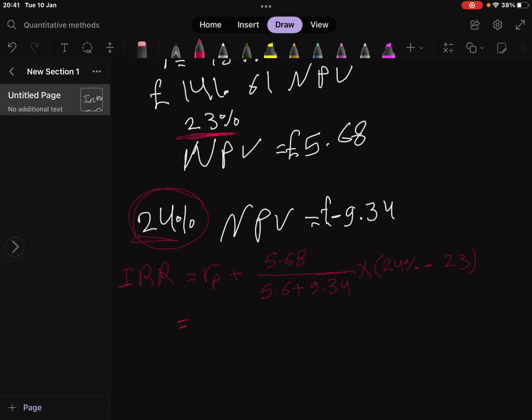So here we can just write the R positive, which is 23%, and here as well. So 0.68 plus 23%.